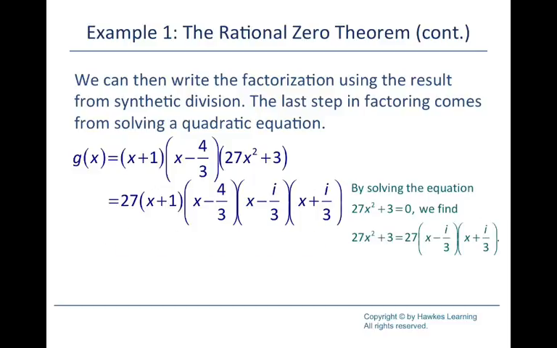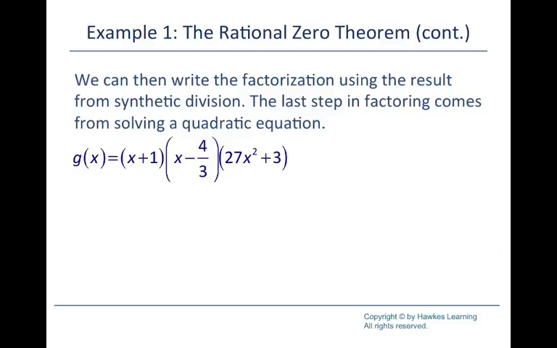So I'm going to back up here a little bit to this. I would rather write this instead of the way they wrote it. I would rather go back and remember what I just had when we have the x plus 1. I think this will make a little more sense. I hope it does. x minus 4/3. And when I solve the 27x squared, I'm going to go through that quickly because I already did it once. Plus 3 equals 0. We end up with 27x squared is equal to negative 3.